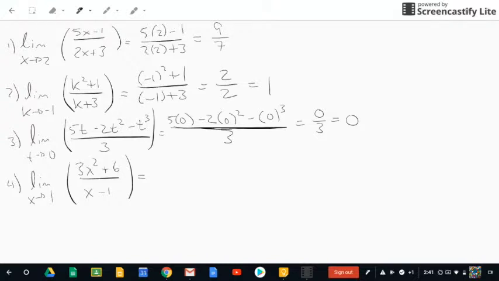So I'm going to plug that in, and I'm going to get 3 times 1 squared plus 6, all over 1 minus 1. That's going to be 9 in the numerator, and our denominator goes to 0. Now, that is undefined. Division by 0 is undefined here.